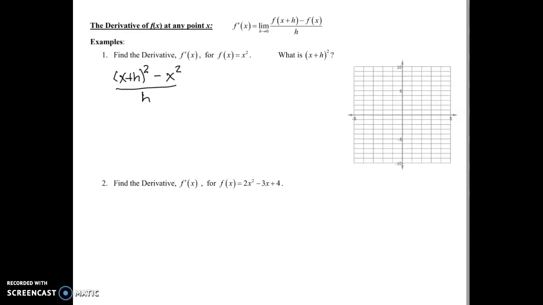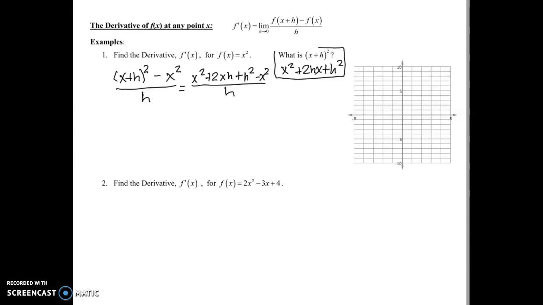So this is a pretty simple one to start with. What we have to remember is what x plus h squared is, and we've used this a lot throughout our time finding the average rate of change. X plus h squared is x plus h times x plus h, so we get x squared plus 2hx plus an h squared. So this is going to expand out to x squared plus 2xh plus h squared minus x squared, all over h.